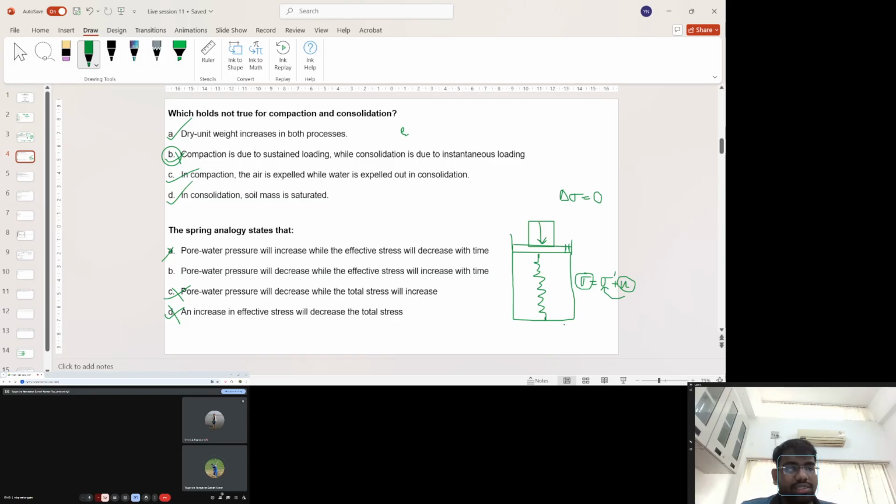The voids ratio is reducing, which results in an increase in grain to grain contact, and the stress transferred through grain to grain contact is the effective stress. Hence the effective stress will increase with time as the consolidation progresses, while the pore water pressure decreases, and hence option B is the right option. Any doubts?